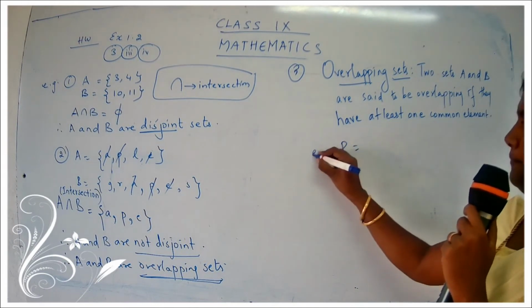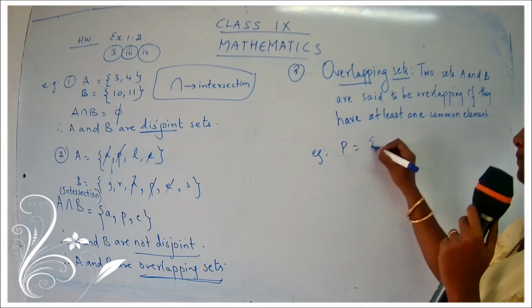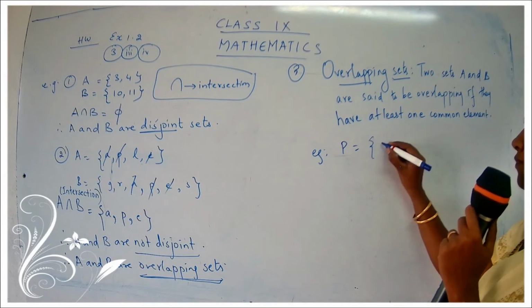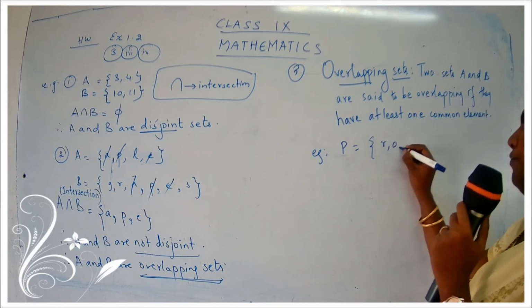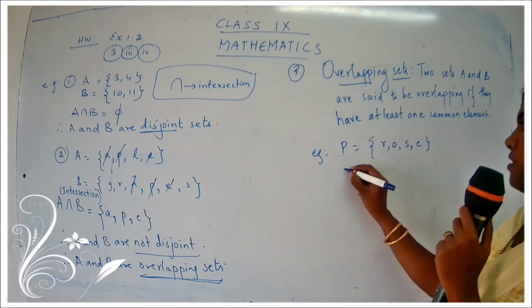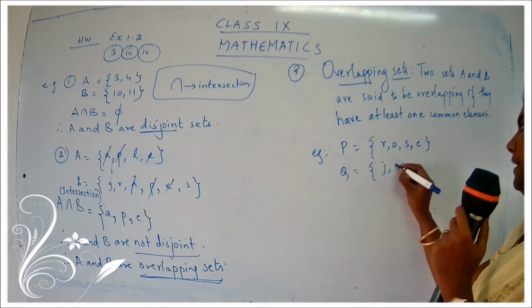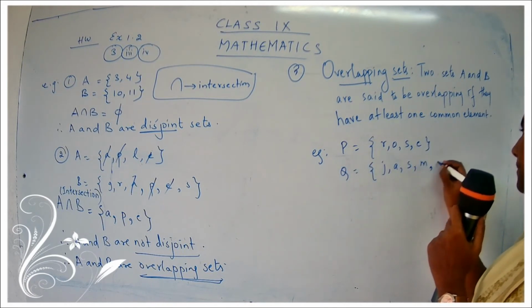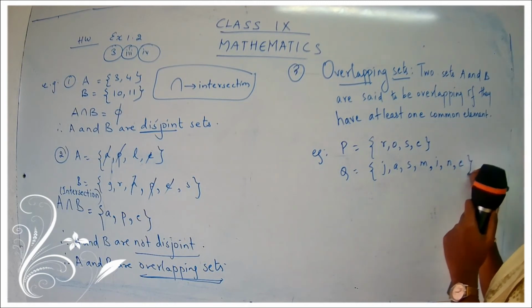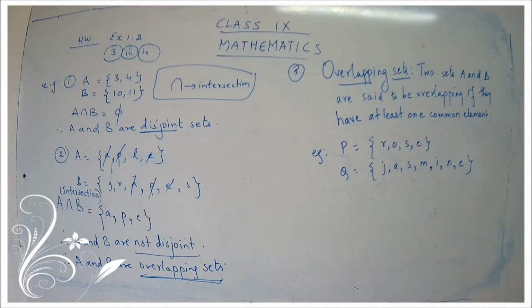I'll give you one example. P is equal to ROSE. Q is equal to JASMINE. So I have taken two sets, P as rose, where I write all the letters in rose, and also written all the letters in the flower jasmine.